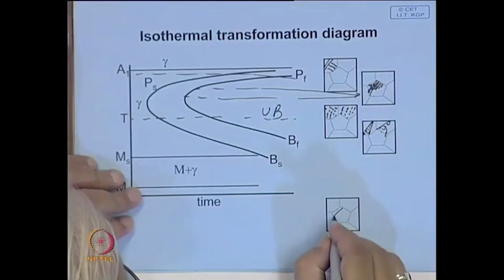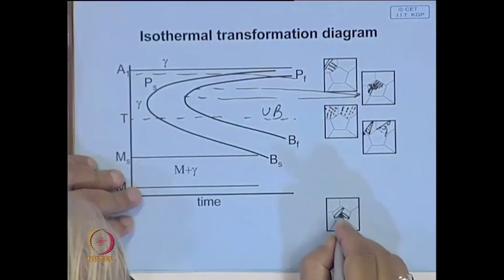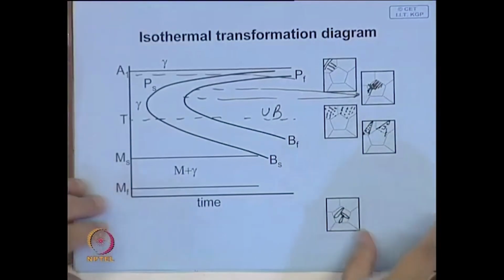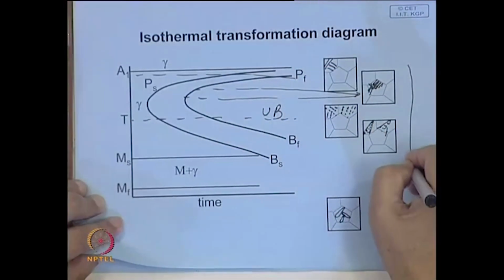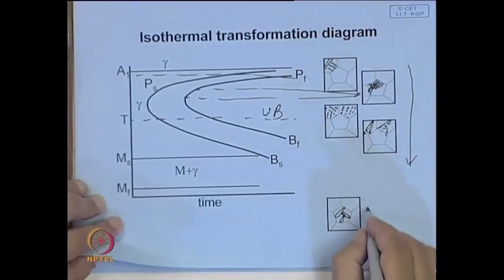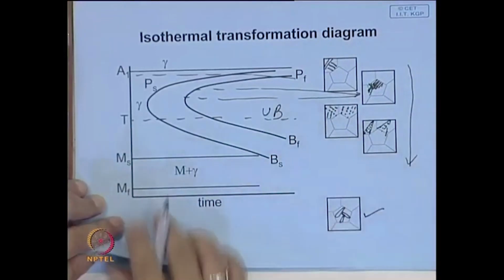In the case of martensite, you have the full needle-like structure called martensite, and hardness goes on increasing as the structure becomes finer, and you get maximum hardness over here.